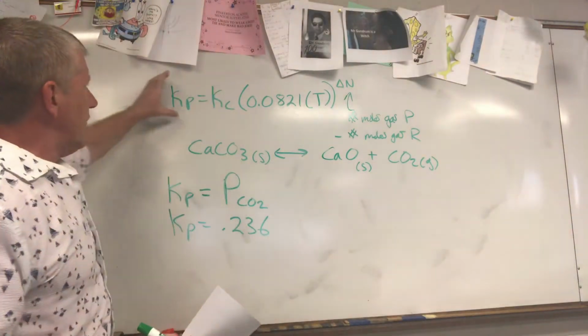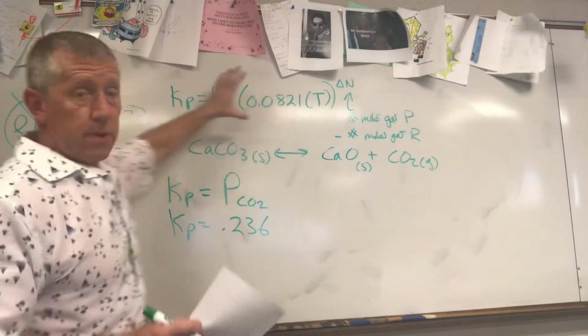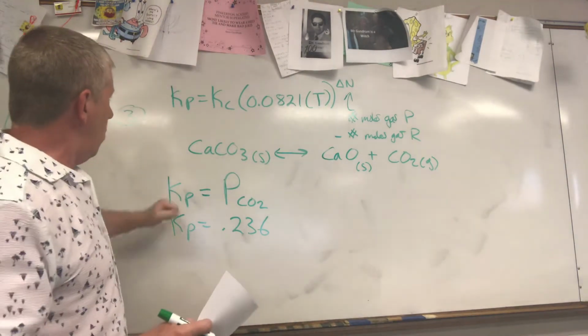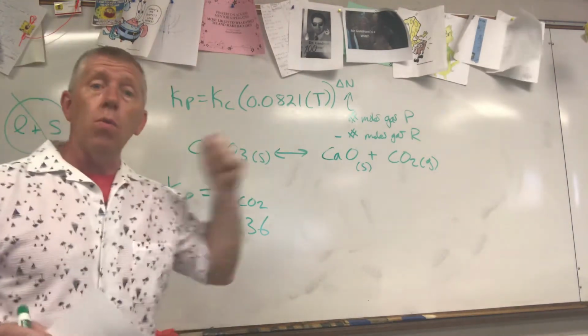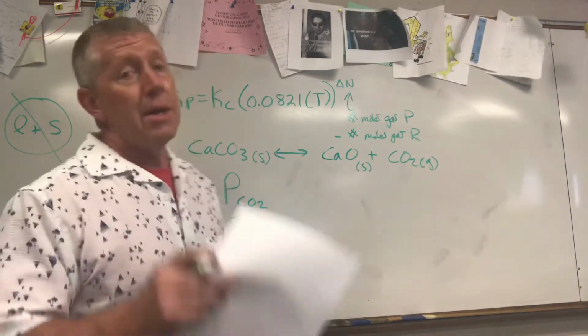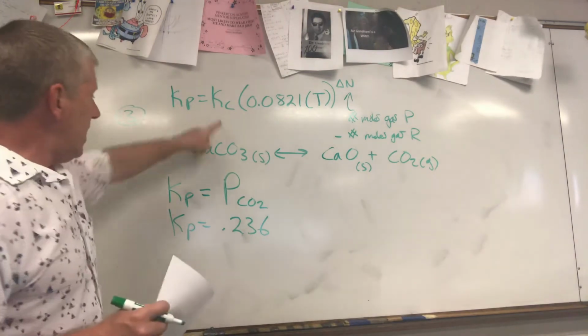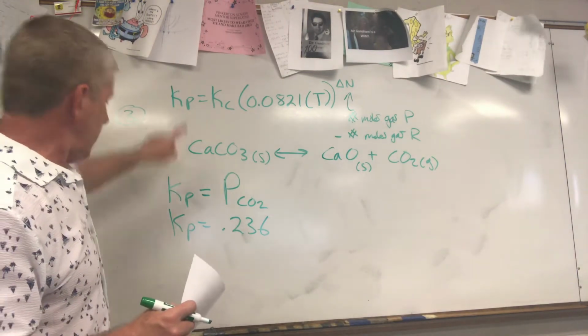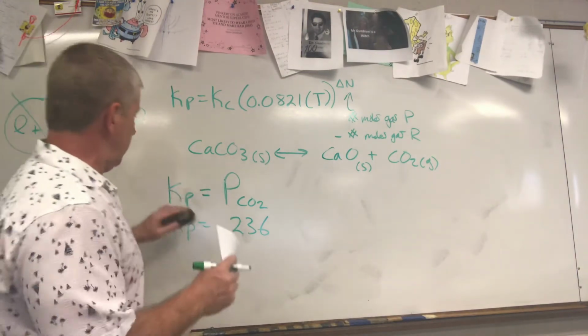And this equation here is the gear changing equation. So this equation allows me, if I have one of them, I can shift and get the other one if I prefer to have that concentration K value, which is what I want to find here. I have the Kp, so I'm going to put that here. So I'm going to go ahead and erase this.